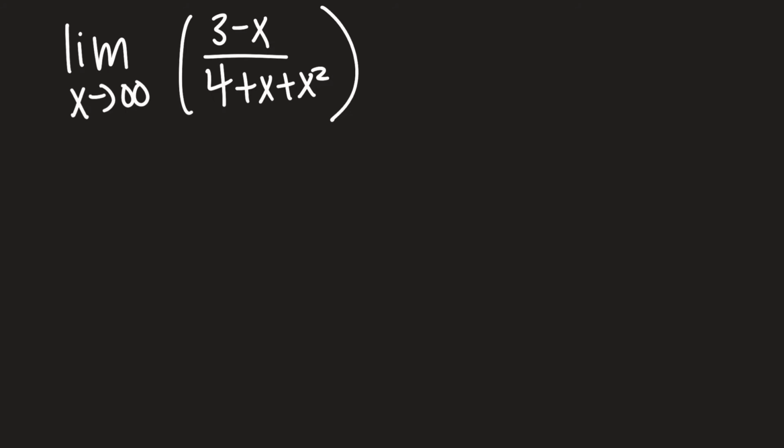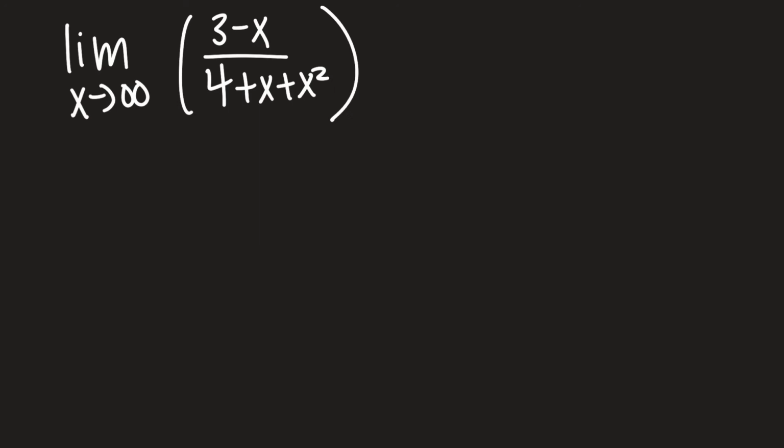Now, if you remember your rules for horizontal asymptotes, you know that little over big approaches 0. So we already know that this is going to approach 0. The bigger and bigger that x gets, the smaller and smaller that quantity will be, which means it's approaching 0. Now, we know that mentally, okay, but we have to be able to show that algebraically.